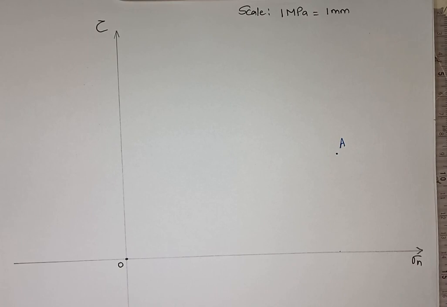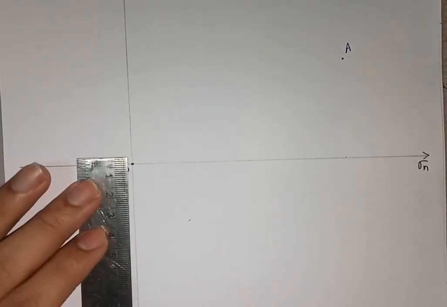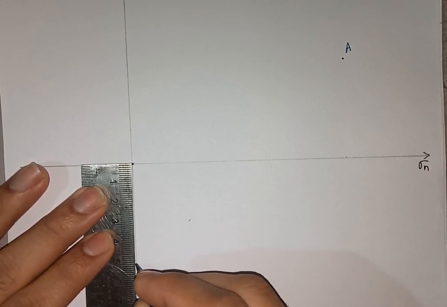Similarly, I will be marking the coordinates of plane B, which is 0 comma minus 50. This is 0, and minus 50 is shear stress. In order to mark minus 50, I need to go down on this axis. Minus 50 is nothing but 5 centimeters, right? So that is the value required.